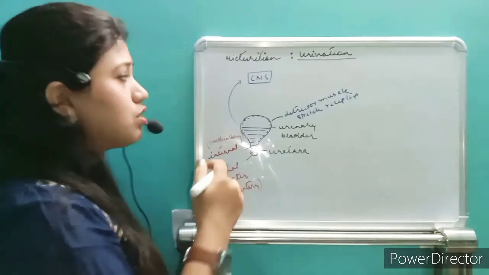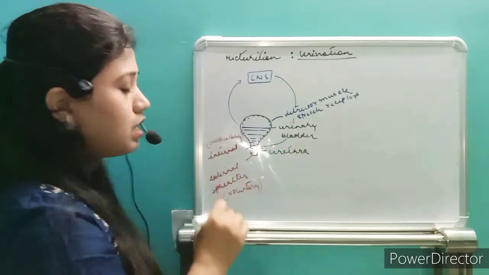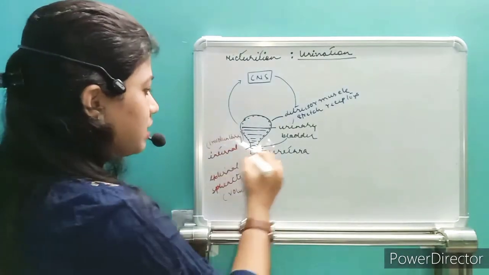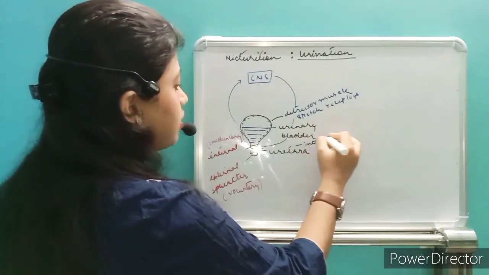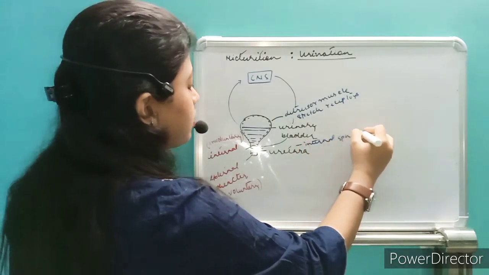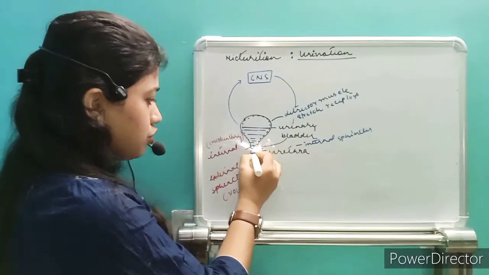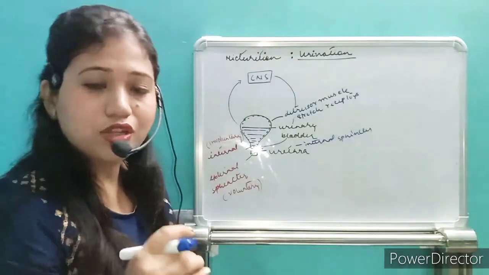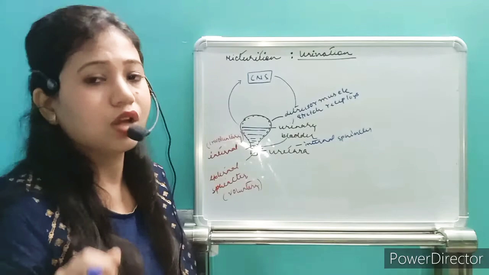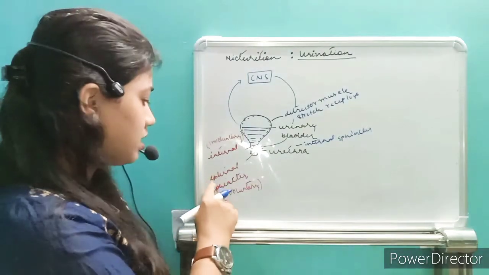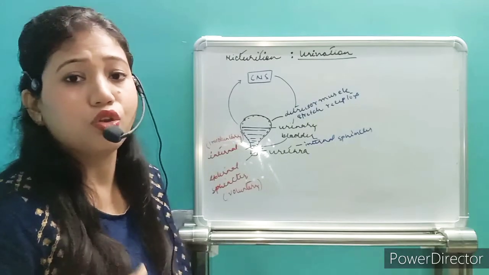So the central nervous system gets this stimulation from the detrusor and the stretch receptors. Then the central nervous system gives the stimulation to the internal sphincter, and the internal sphincter will start to relax, so that the urine starts to fall to the external sphincter. Now this external sphincter is in our control, that means it will open or close depending upon your wish.